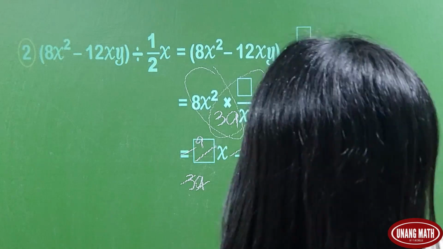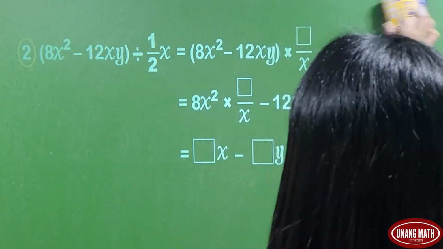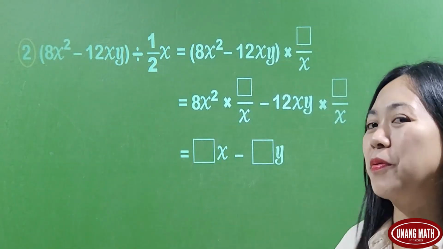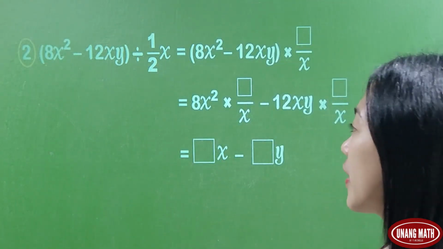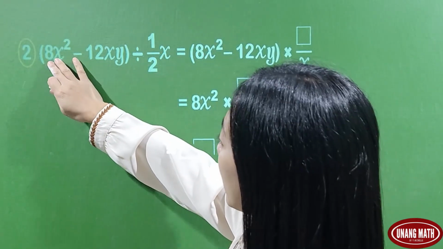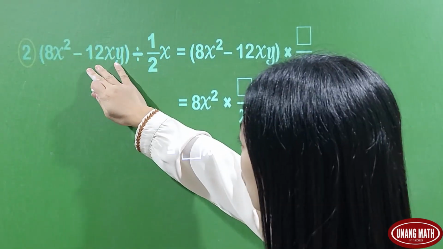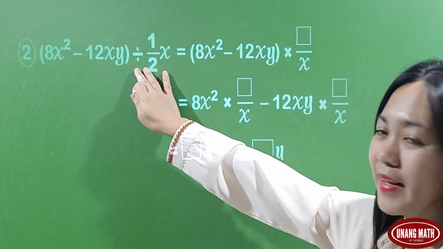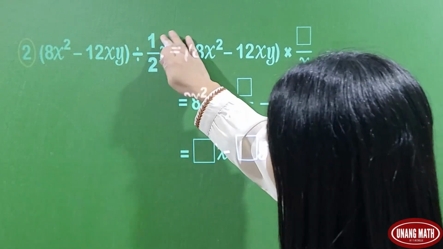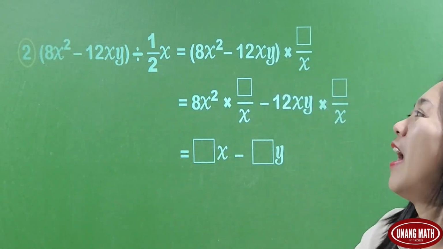Okay, take a look at the second example. In this second example, we will use the reciprocal to convert division to multiplication. So our polynomial is 8x squared minus 12xy divided by this monomial x over 2.